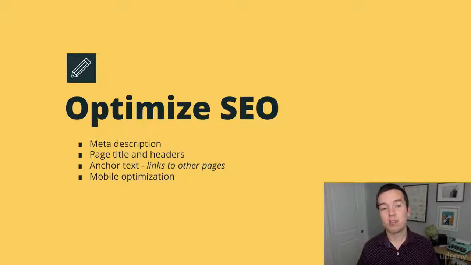The second tip is to make sure you use your titles and headers properly. Include the keywords for your articles in both your title and headers. Within your article, you should be adding anchor text or links to other articles on your website. This will encourage people to stay on your website, to go from the post they're reading to another post or to another page. Google and other search engines will see this.